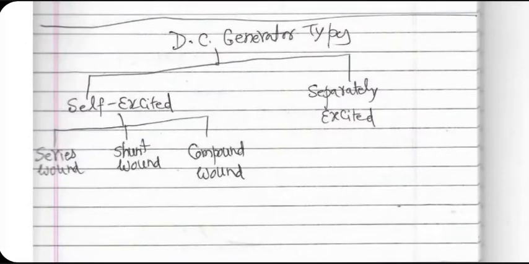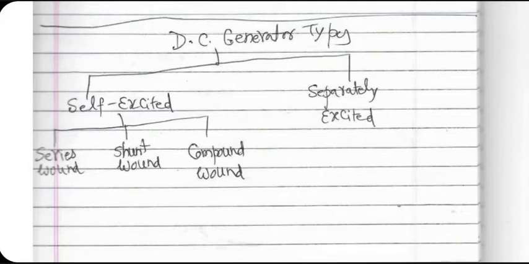This is one way of classifying DC generators: self-excited or separately excited. Separately excited means separate DC batteries for field windings. Self-excited means you connect the field windings to the voltage that you are generating in the generator.